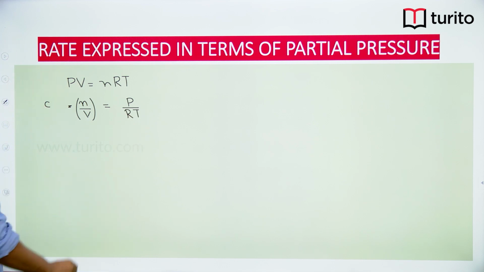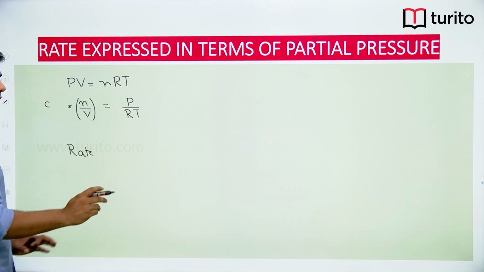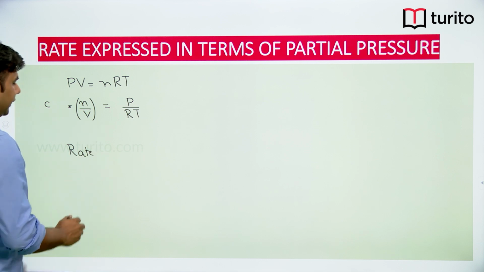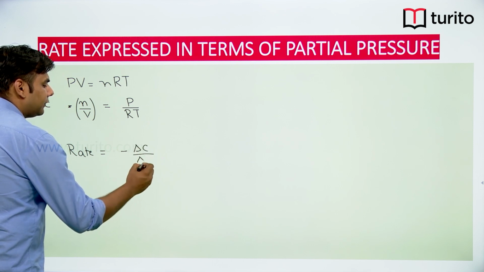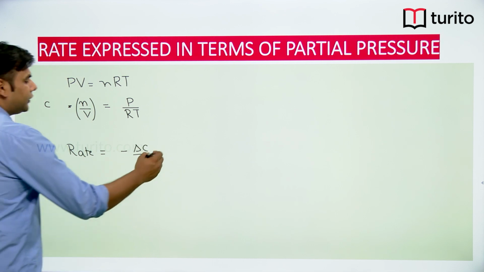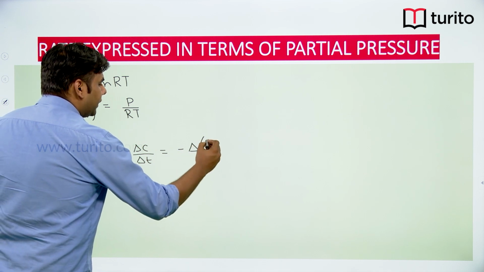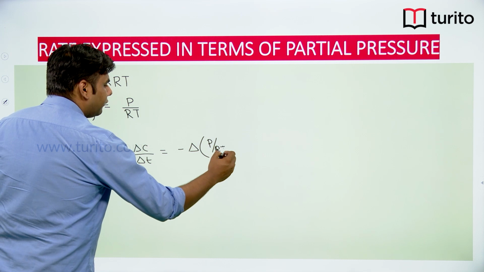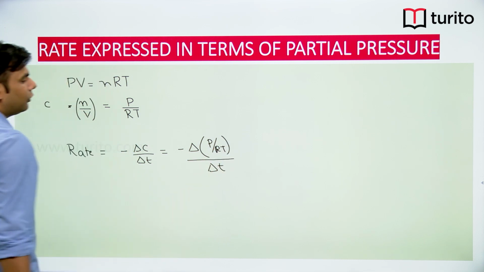We are defining the rate as change in concentration. Suppose we are writing in terms of a reactant. So this was minus del C upon del T. What we'll do is put the value of C as P upon RT. P will be the partial pressure of that particular component whose rate we want to calculate.